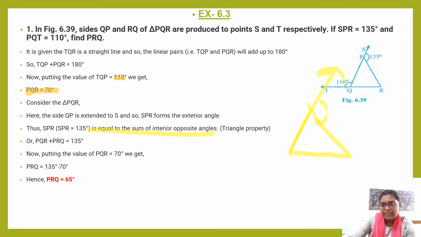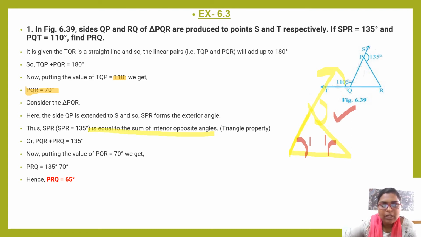This exterior angle is equal to the sum of the opposite interior angles. So now compare this triangle with that original triangle. PQR plus PRQ, if you add this and this, you will get the exterior angle. This is the concept.